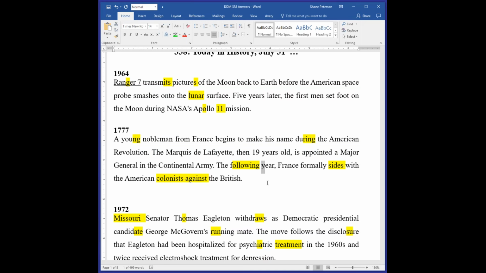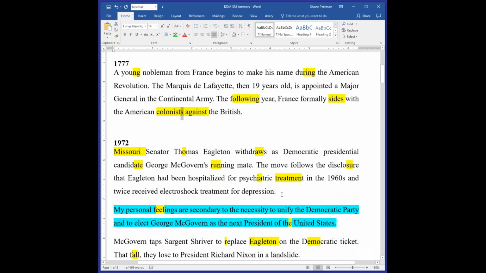More S. Let's cancel the T. Colonists. That sounds really good. That plural S needs to be there. The American colonists against the British. Sounds really good. Very good.